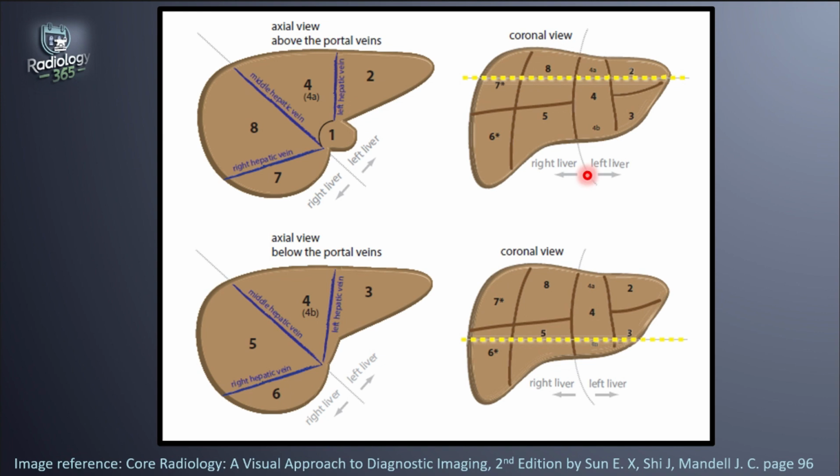By the lobe, the left lobe is what is on this side. So segments 3, 2, and 4 are in the left lobe, and segments 5, 6, 7, and 8 are in the right lobe. The caudate lobe, which is segment 1, stands alone because of its unique drainage and functional independence.